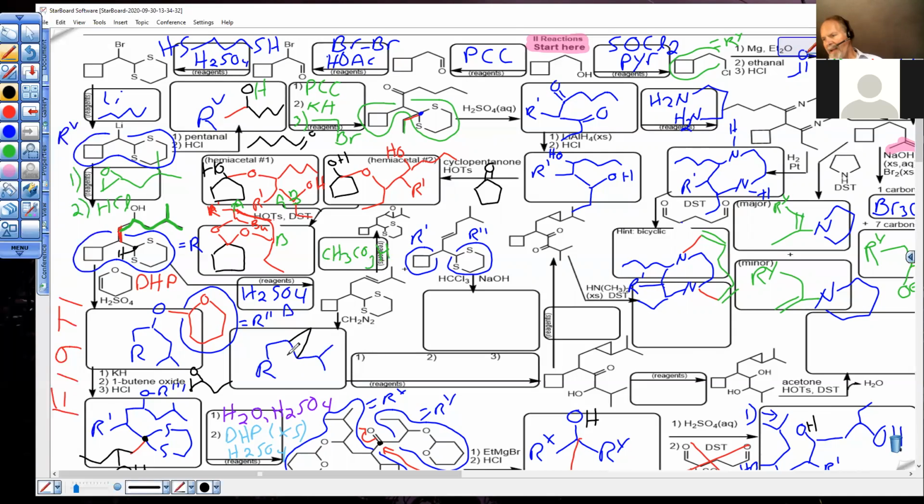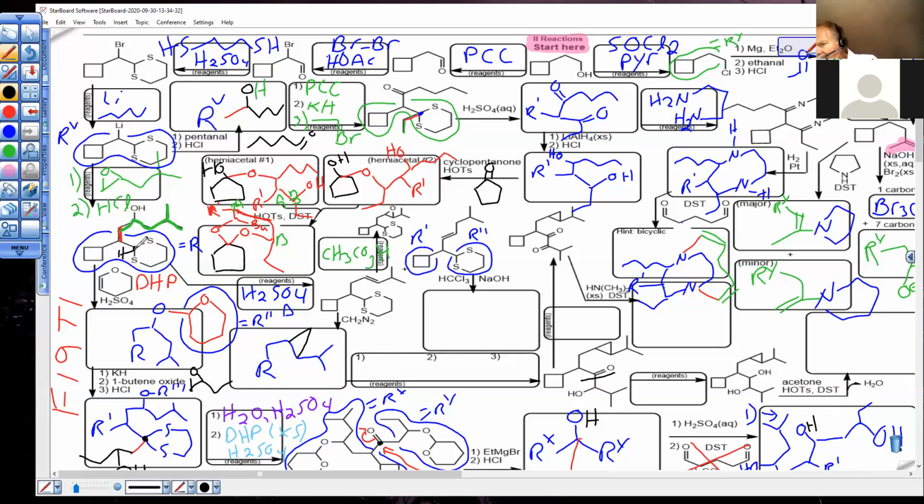So that double bond has a cyclopropane. I need reagents that convert my R group back to a carbonyl. If you get this to be a carbonyl, you will be up to here in this molecule, if that's an aldehyde.